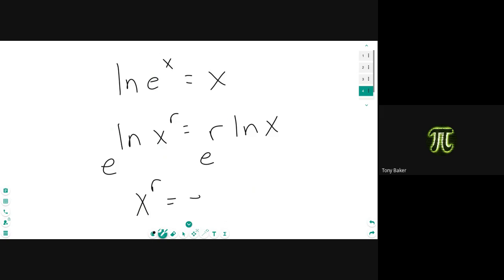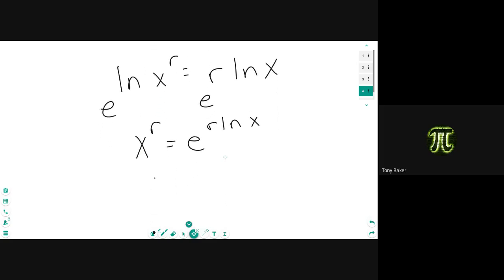And this side becomes e to the r ln of x, which is just that. Correct? Does that make sense? Yes, no?